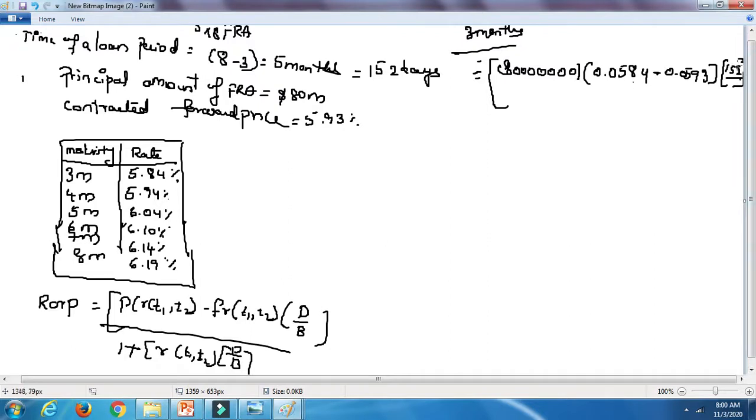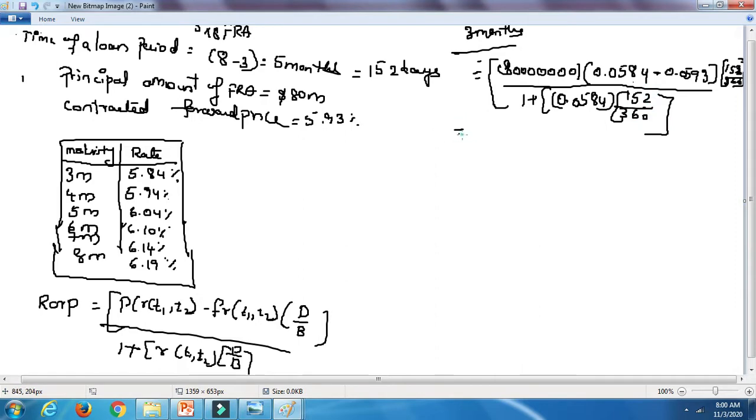So 152 divided by how many days are there in a year? 360 days, divided by 1 plus R into T1 T2, which is 0.0584 into 152 divided by 360. Okay.